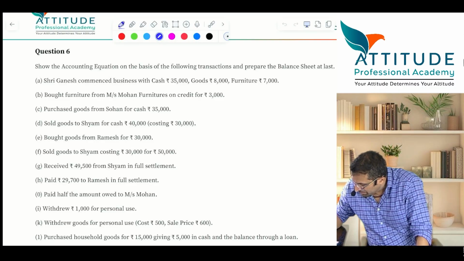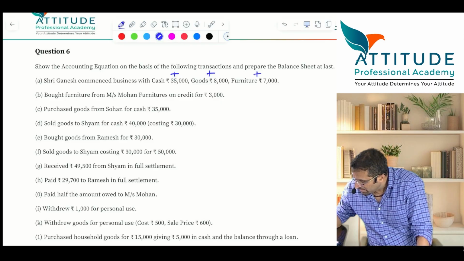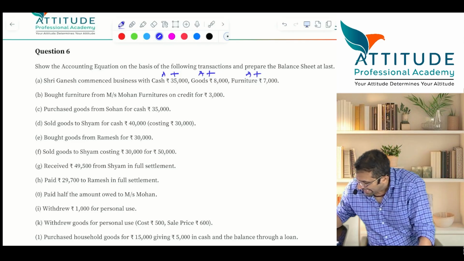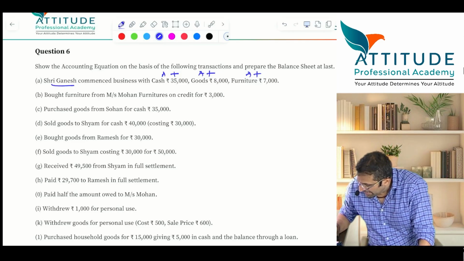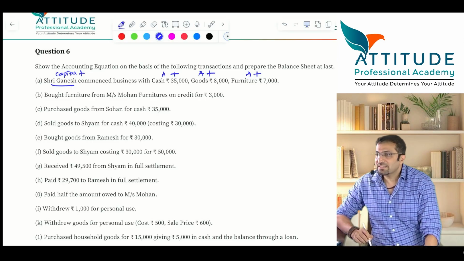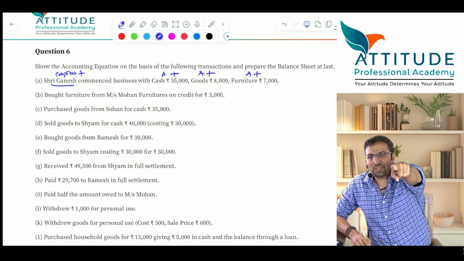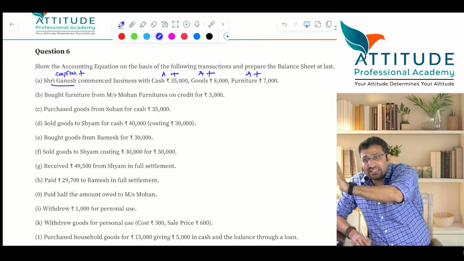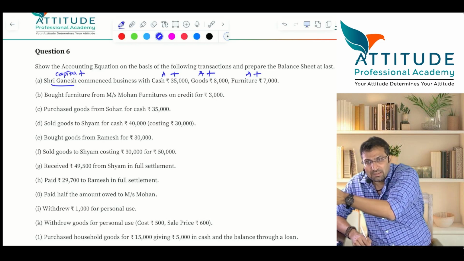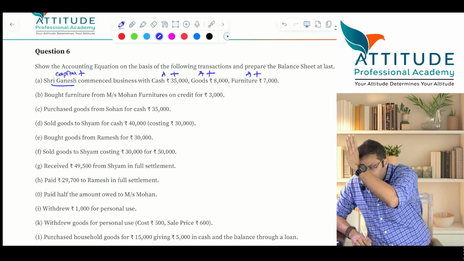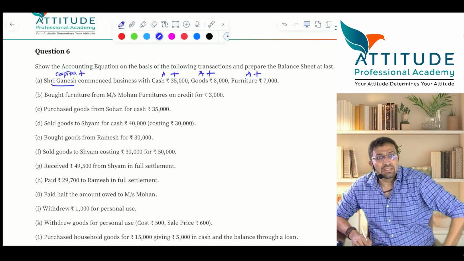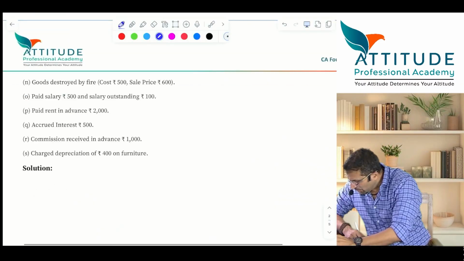Cash is an asset, plus, stock plus, furniture plus. So asset is plus, asset is plus, asset is plus, as well as Ganesh capital is also plus. I think the amount is 50,000. Yes. So capital 50,000 and total assets is 50, but you have to bifurcate them. Make cash column, make stock column, make furniture column. Is that clear? Like the way it is done here.